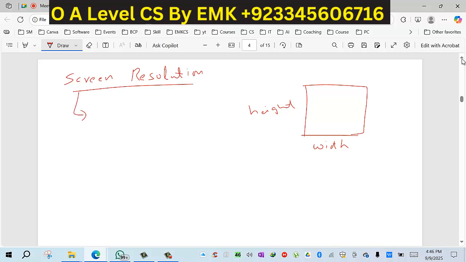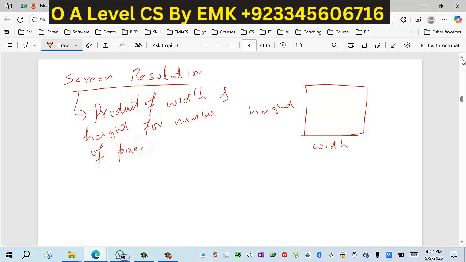So screen resolution is what? About product of width and height for number of pixel that screen can display.